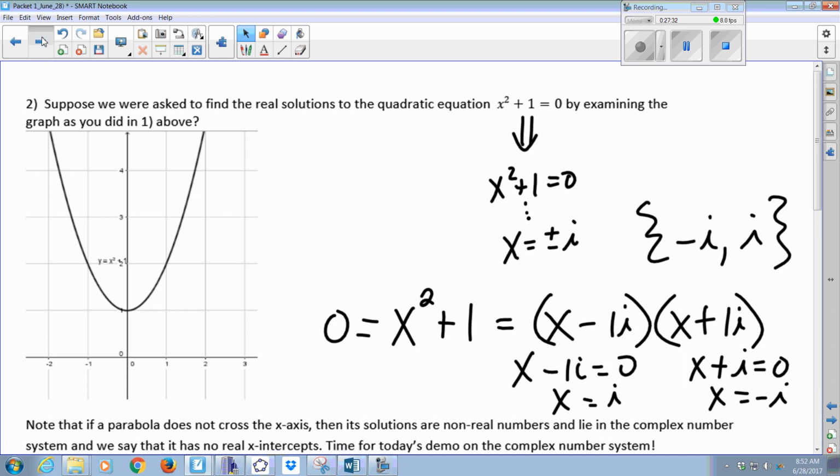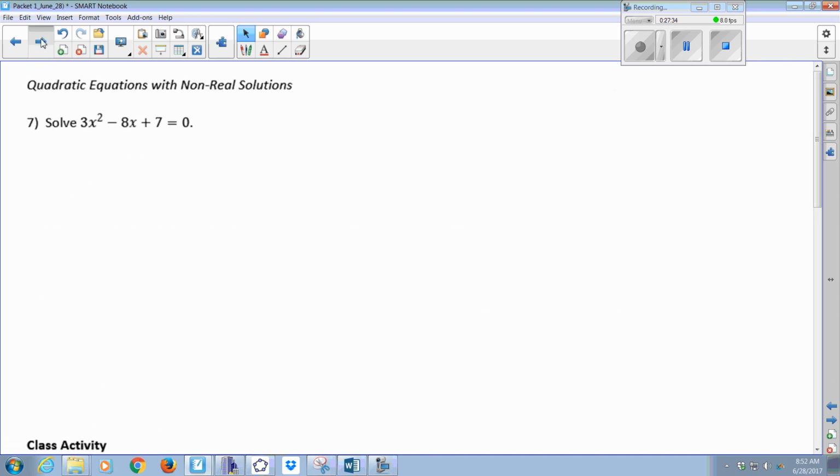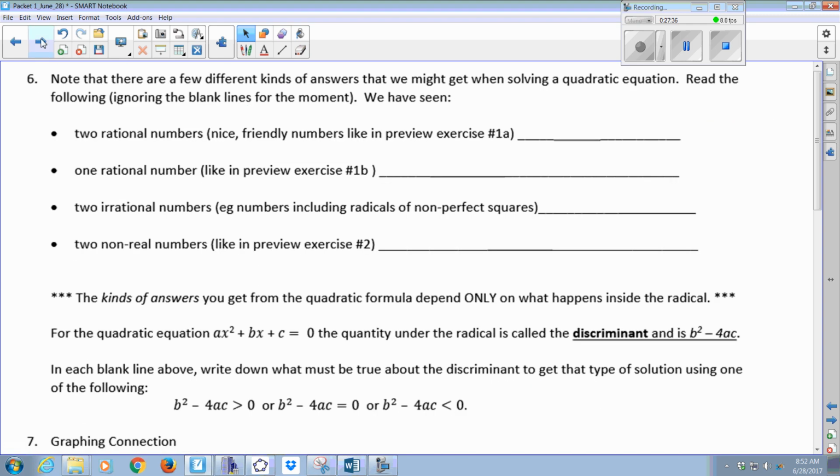Okay, so let's go back to the class activity. Note, there are a few different types of answers we might get when we're solving a quadratic equation. Read the following, ignoring the blank lines for a moment. As we've seen with that first graph in the preview exercises, we could have a graph that crosses the x-axis twice, and we get nice friendly numbers for our solutions.